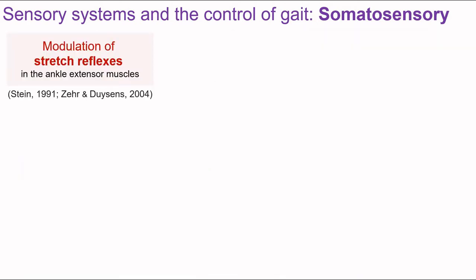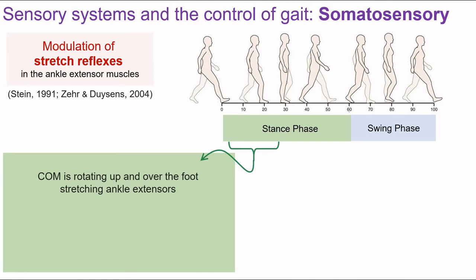We were just looking at the modulation of cutaneous reflexes. Now we're going to look at the phase-specific modulation of stretch reflexes in the ankle extensors. During the initial and mid-stance subphases, the center of mass is rotating up. This movement over the foot dorsiflexes the ankle and stretches the ankle extensors.